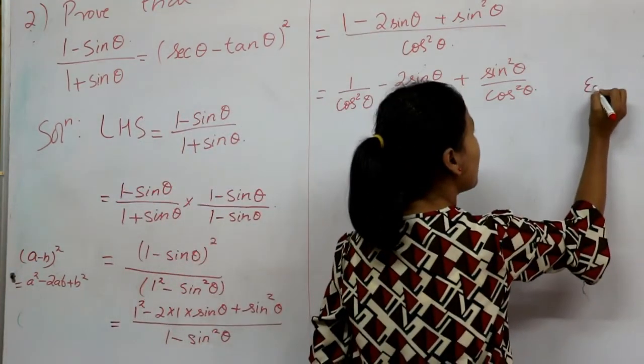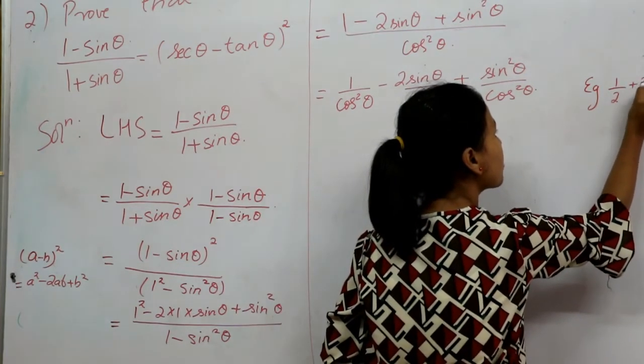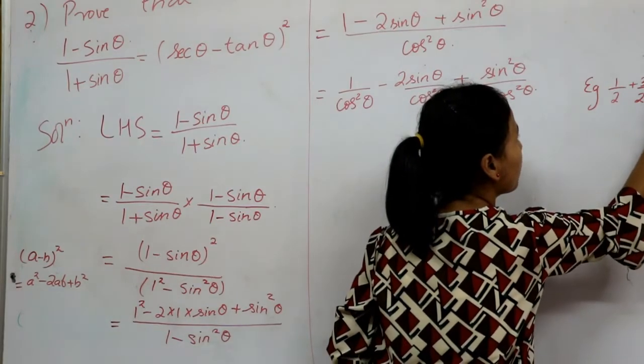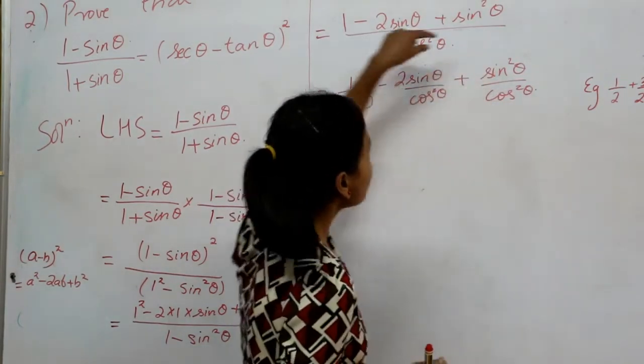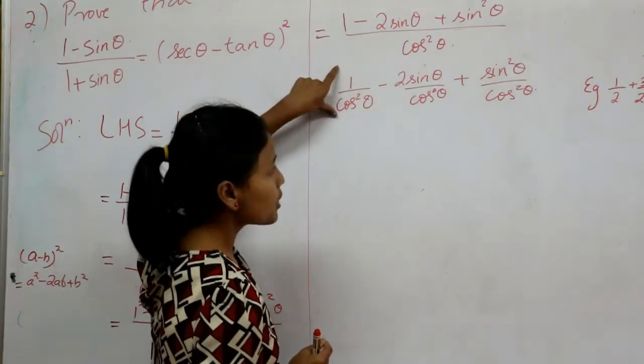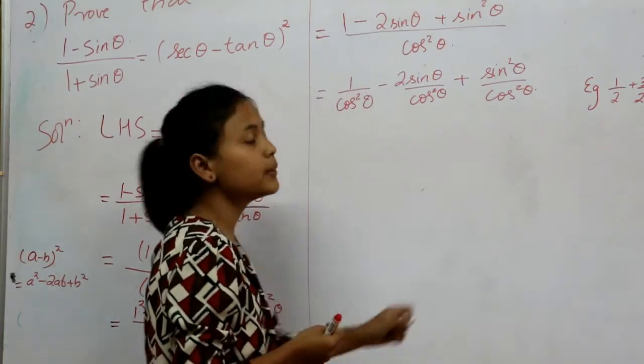If I take 1 by 2 plus 3 by 2, how much is it? It is (1 plus 3) by 2. Alright, here is the same thing. We can write this one into this one. Just see this example.